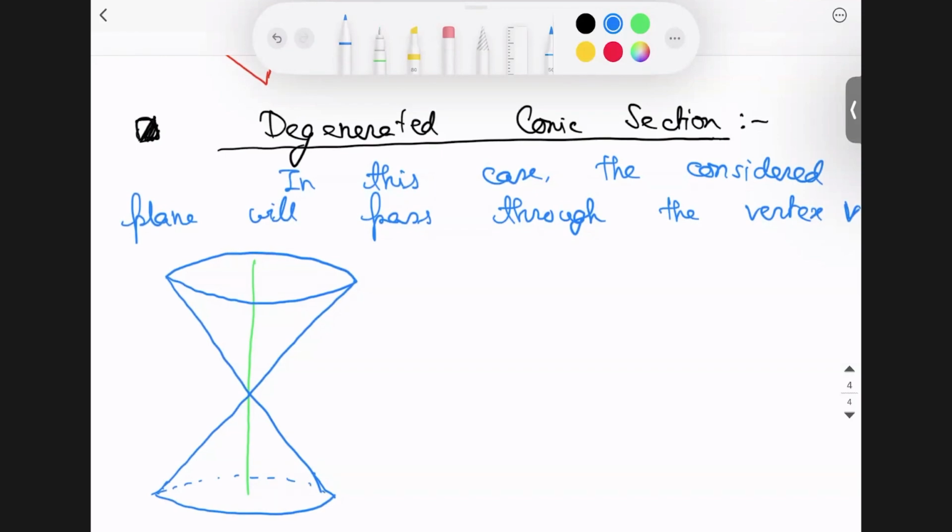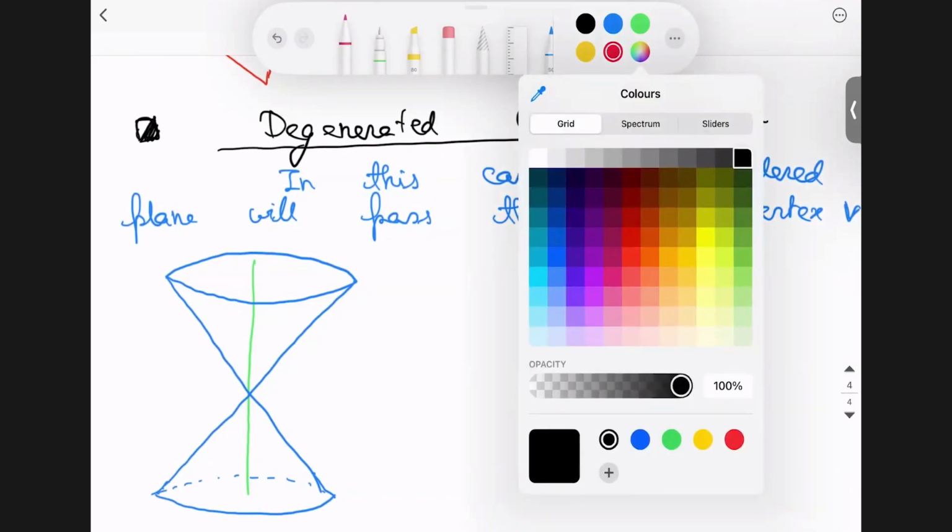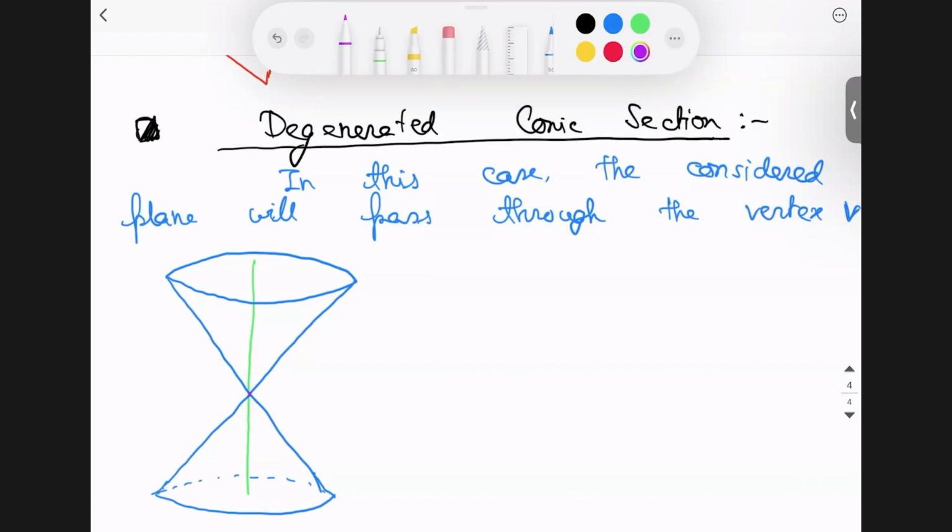So this is the vertex. The purple one is the vertex, and the plane passes through this point. Then it looks like this. It should be parallel to this line.